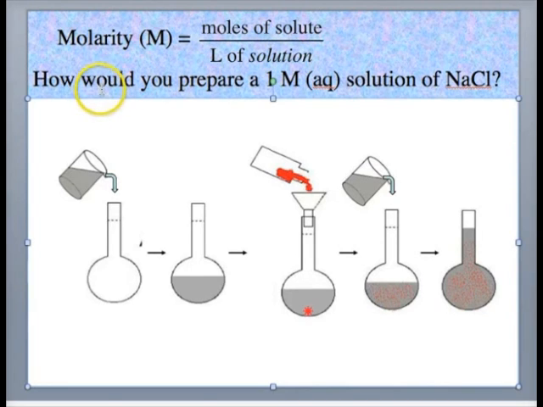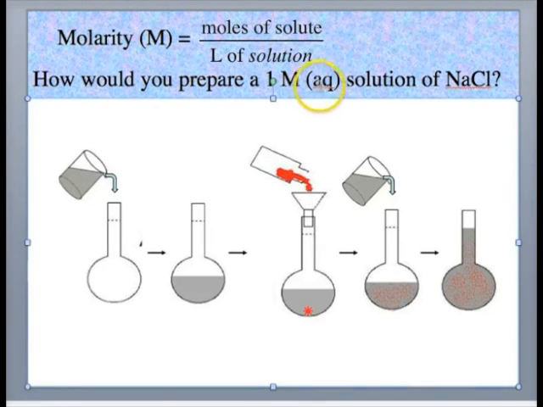So let's say we wanted to prepare a 1 molar aqueous solution of sodium chloride. The AQ means aqueous, and it means water is the solvent. So whenever you see AQ, you know immediately what the solvent is.